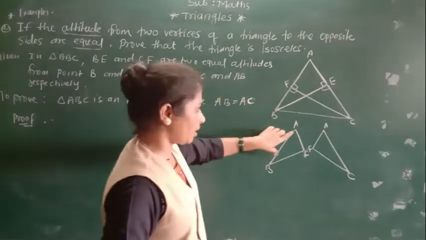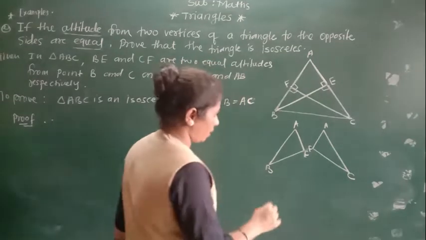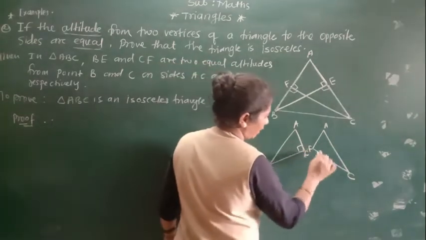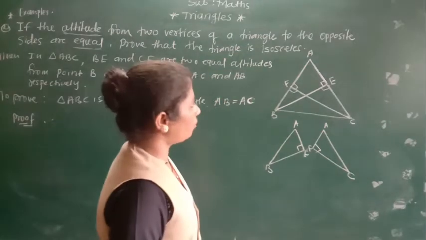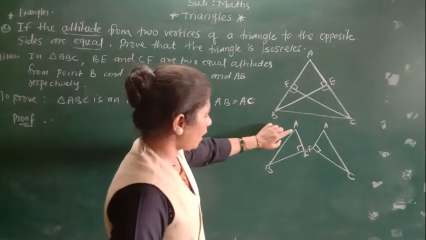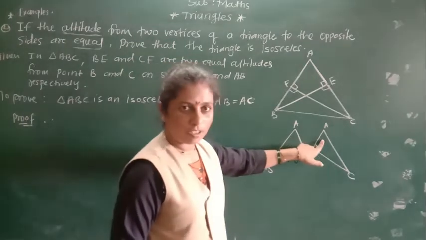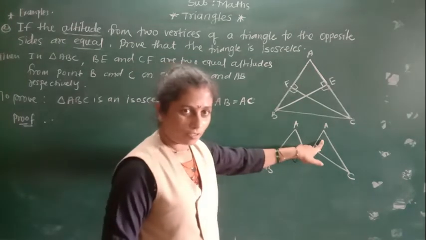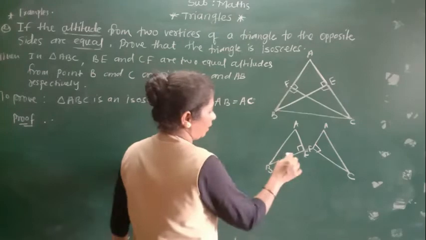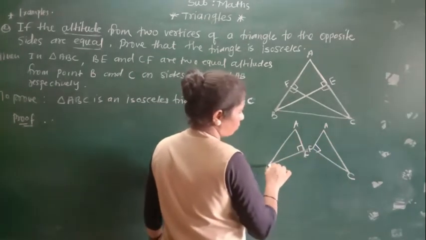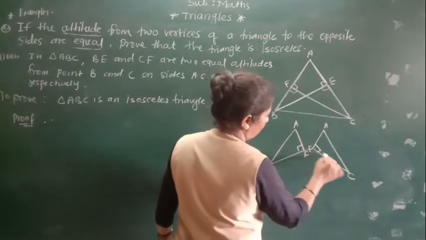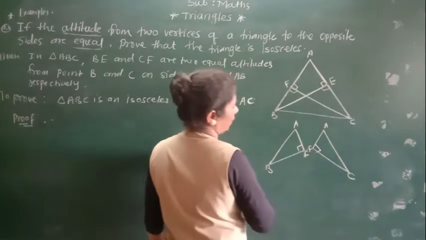We have to show these two sides are equal. So see here, 90-degree angles are there. Right here, 90-degree angle. So how will we prove this? See here, angle A is common for both these triangles. Again, angle AEB equals angle AFC, 90 degrees each.